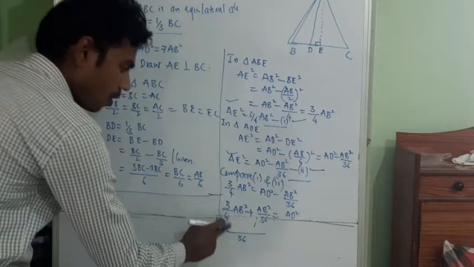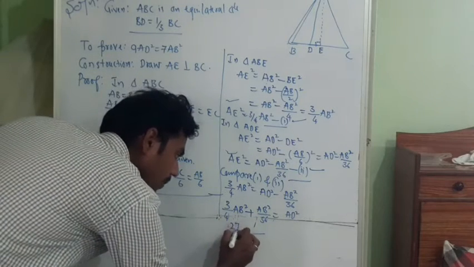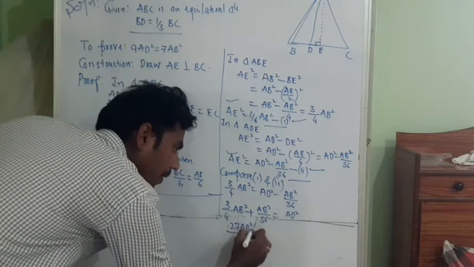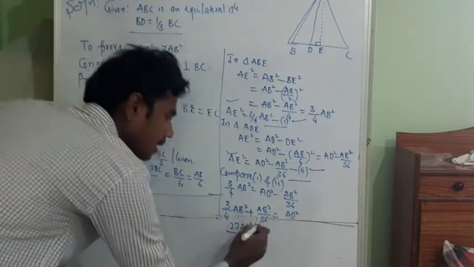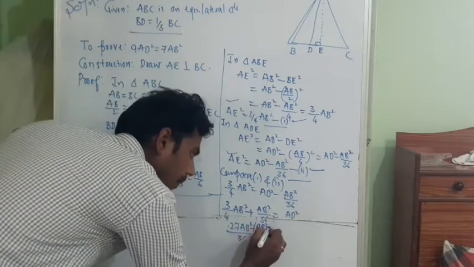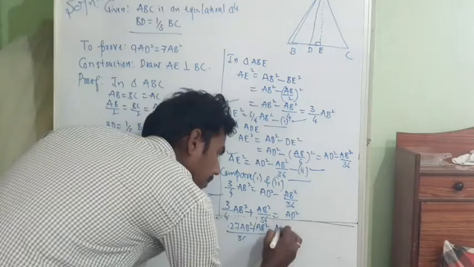36 is the LCM. 4 9s are 36, 9 3s are 27, so 27 AB square plus 1 AB square is equal to AD square.